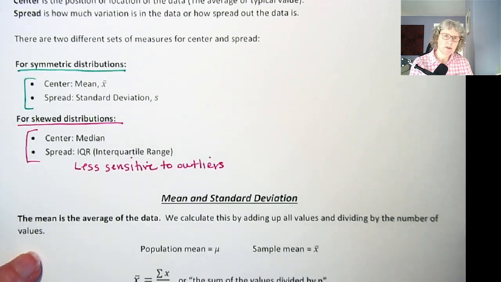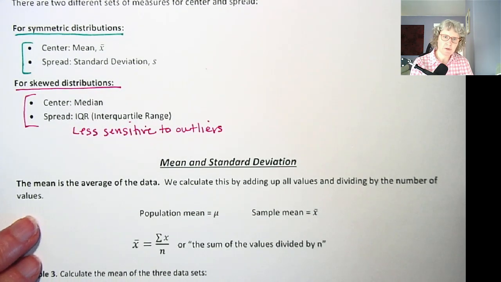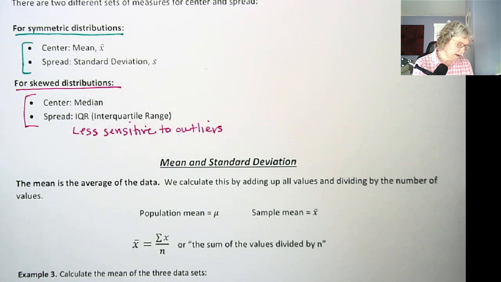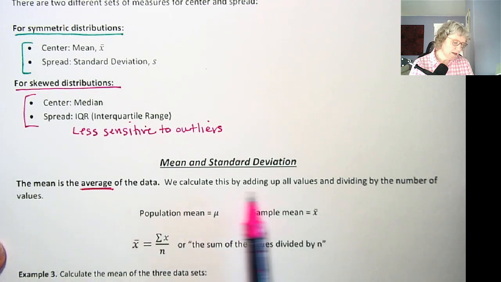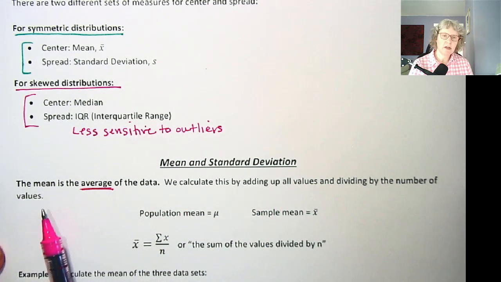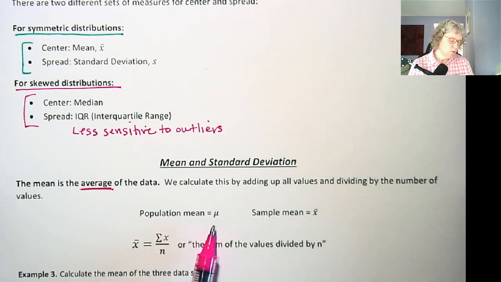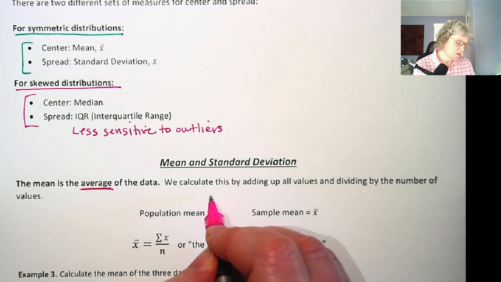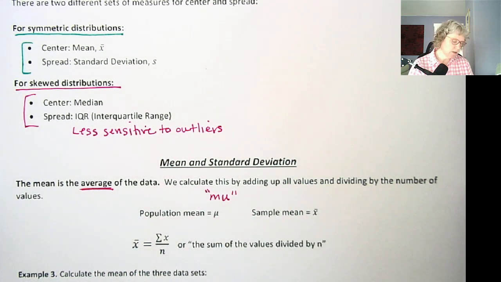You might be familiar with the mean as the average, the regular average that you're used to. The mean is the average of the data. We calculate this by adding up all the values and dividing by the number of values. We have two different symbols for this. If we're talking about a population, then we use this Greek letter mu, spelled M-U, and pronounced mew, like what a cat would say.